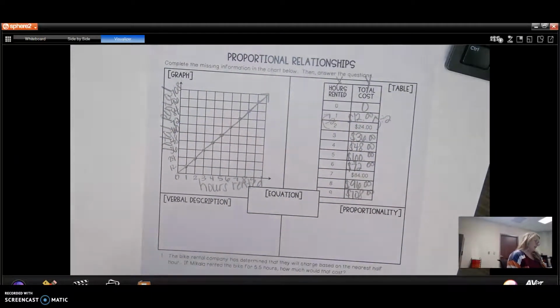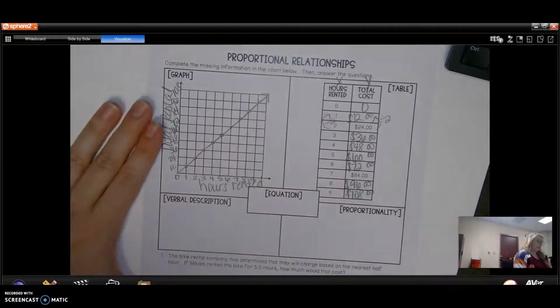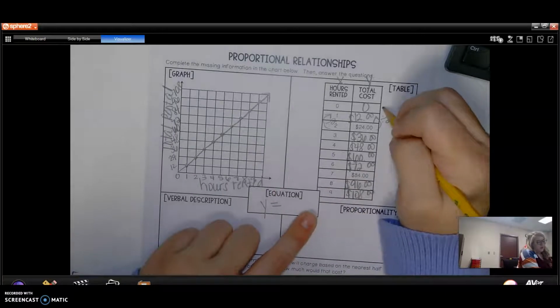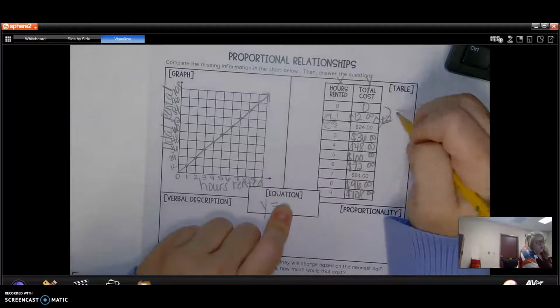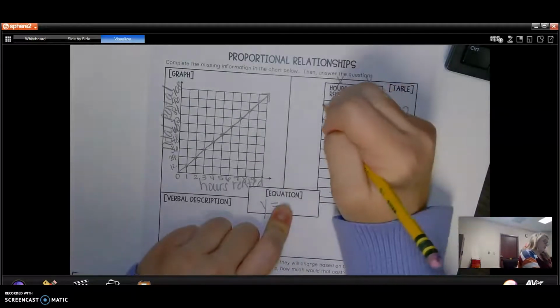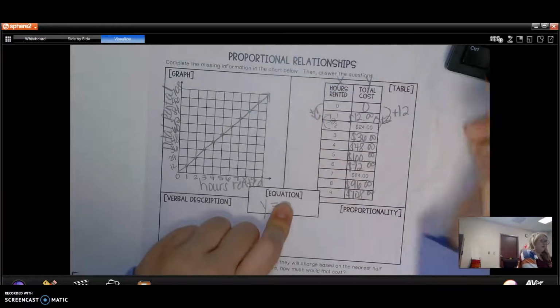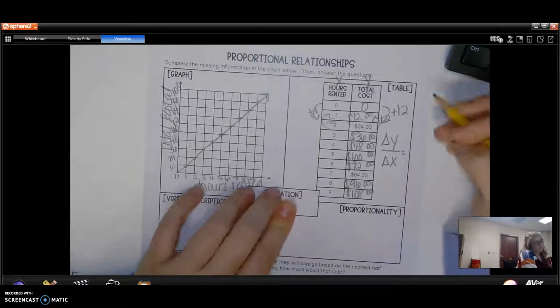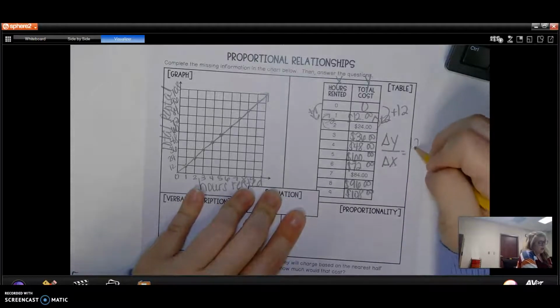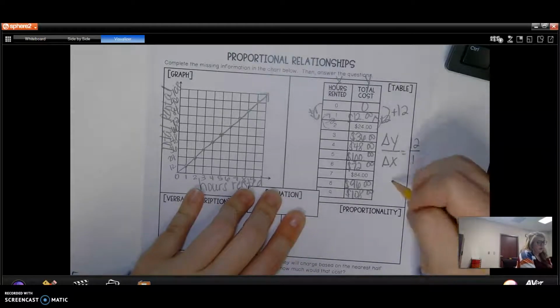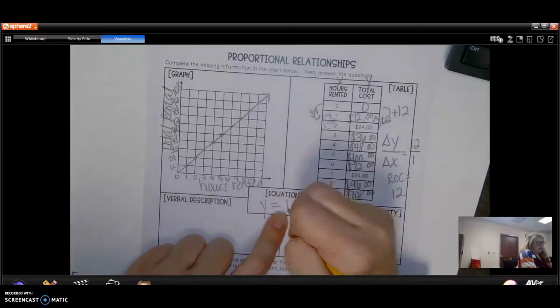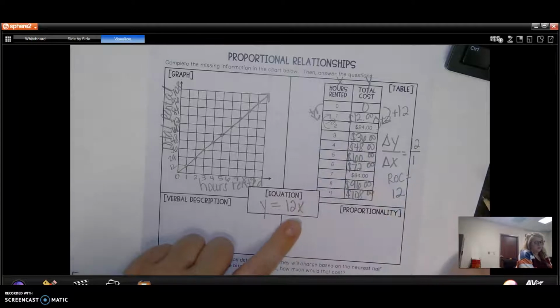Okay, so my equation, y equals... if I look over here, from 0 to 12, I've increased by 12. From 0 to 1, I've increased by 1. So my change in y over my change in x is 12 over 1. Okay, so my rate of change is equal to 12. Y equals 12x.